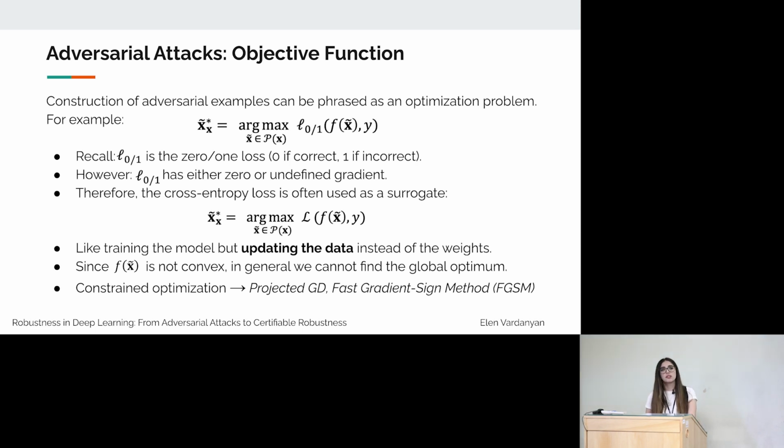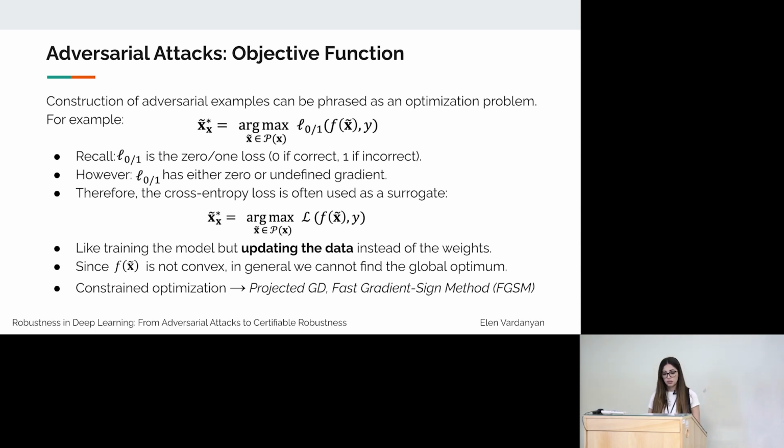When we want to construct these adversarial examples, the problem can be phrased as the following optimization problem. We want to maximize the loss, instead of minimizing it as in the usual training of neural networks, to see the worst possible perturbation.